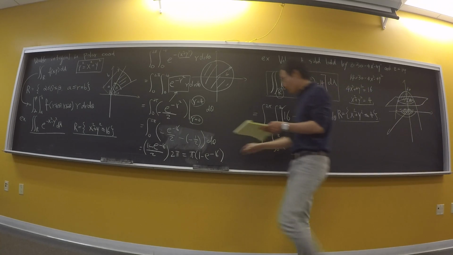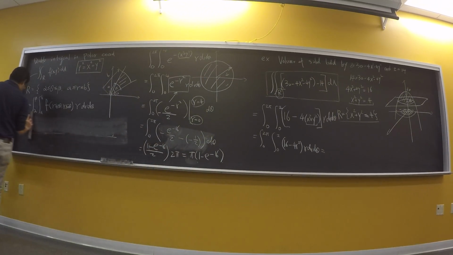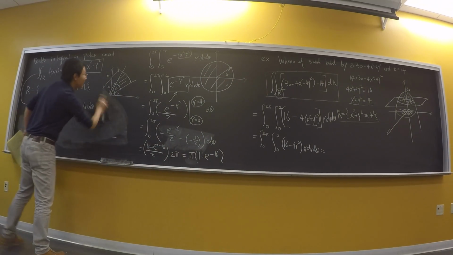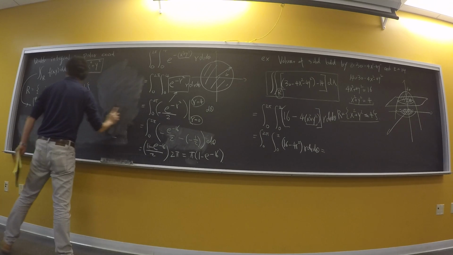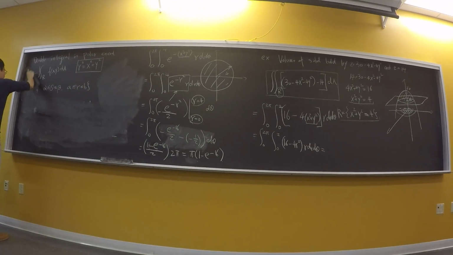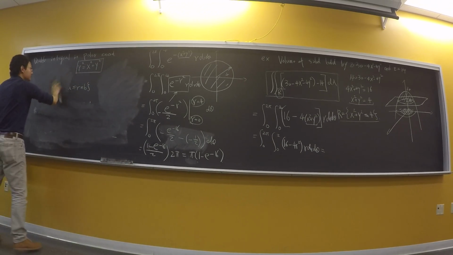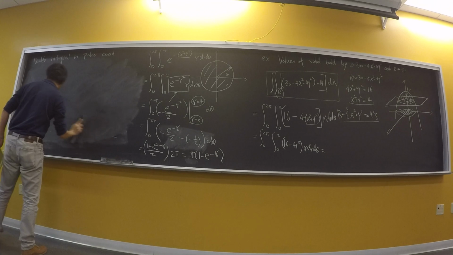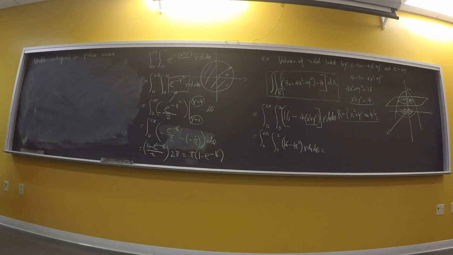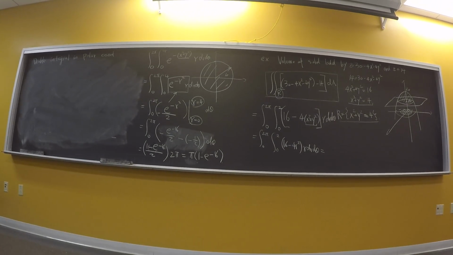Okay, so next I want to gather all the types of regions here. So now I have a y simple region, I have an x simple region. In the very beginning, we actually began from a rectangular region, but we can never really get into that because it's too simple.